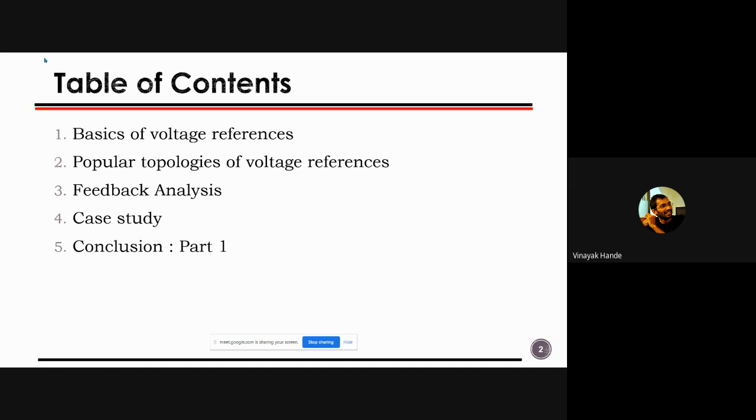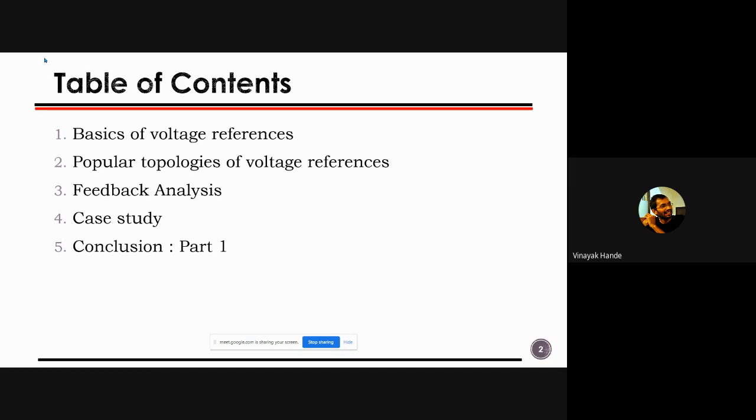Popular topologies means the topologies which people generally use in industry, and only a few topologies exist because a voltage reference circuit is quite tricky, so people don't want to experiment much in industry when designing a voltage reference. They have some set topologies that we'll discuss today.